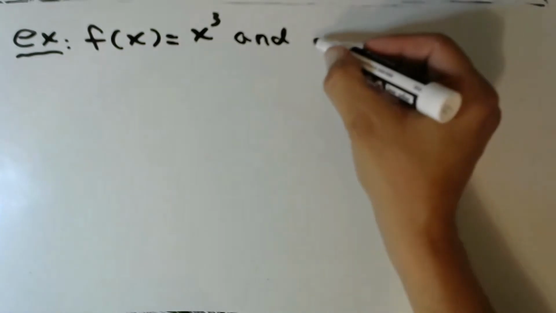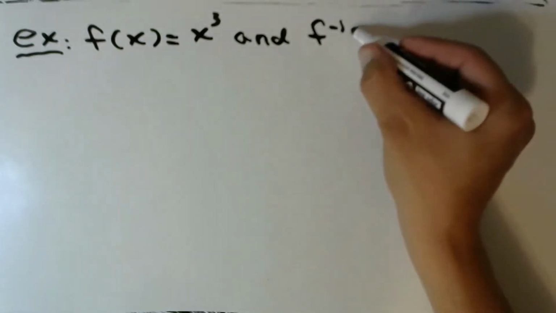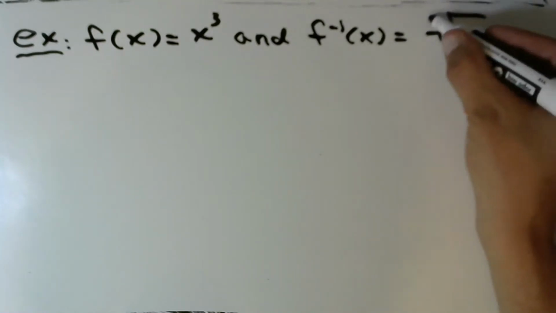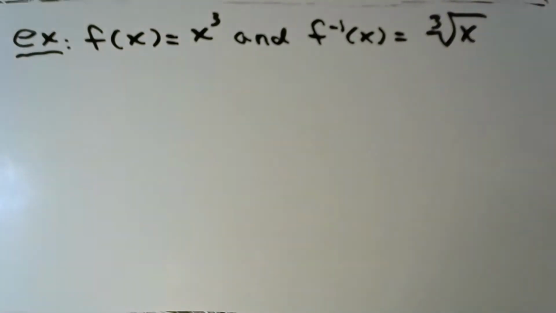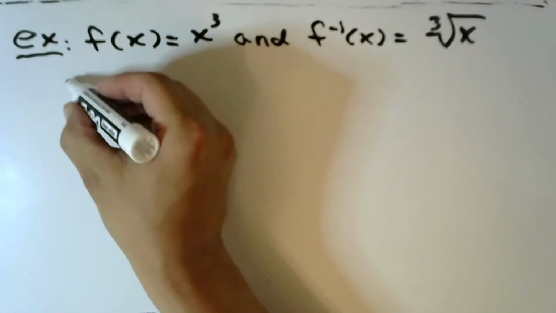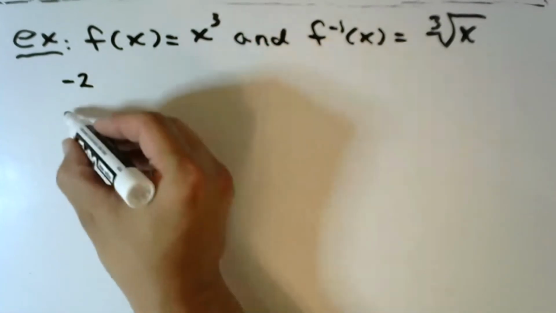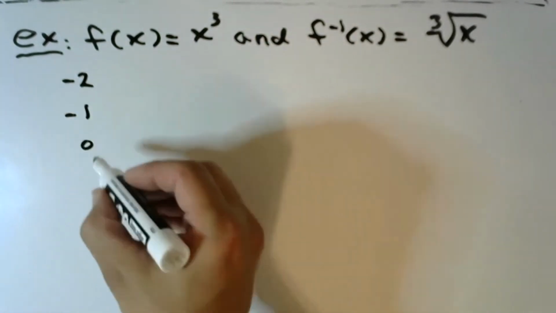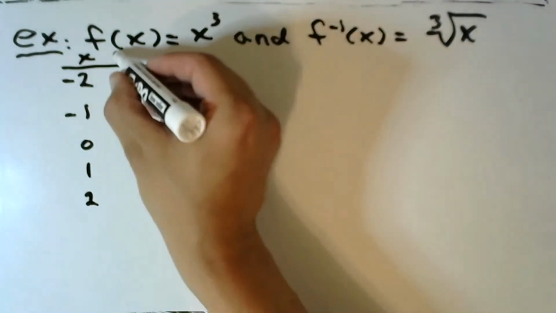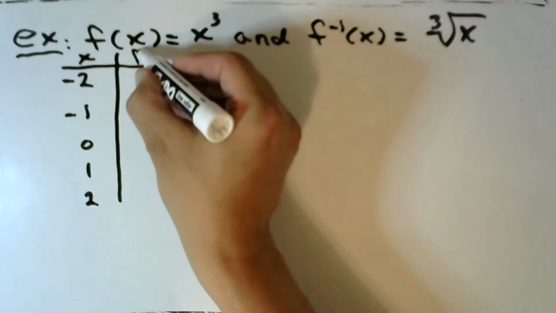We found out that the inverse to x cubed is the cube root of x. So what this means is, if we think about the coordinates for f of x equals x cubed, let's say we take -2, -1, 0, 1, and 2. This will be our x and our f of x.